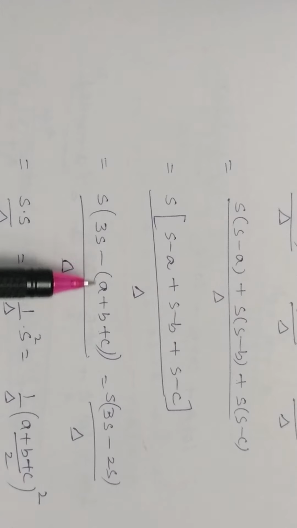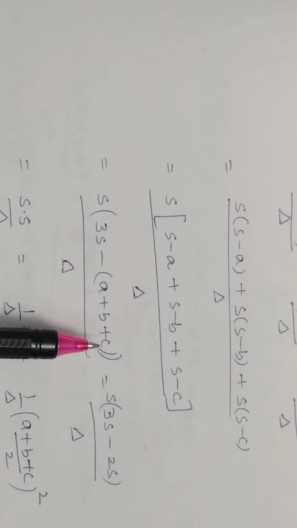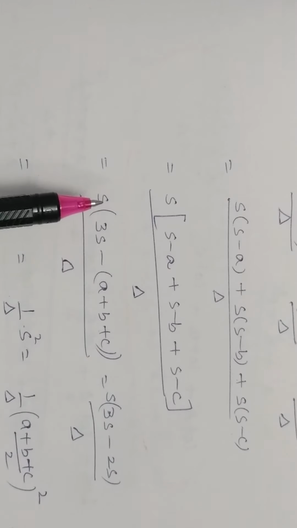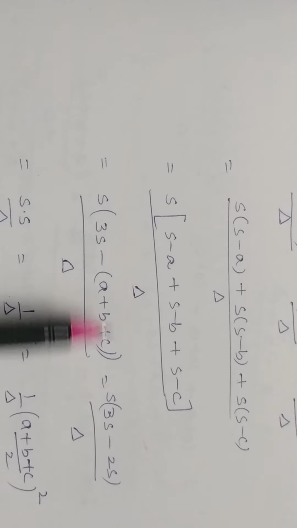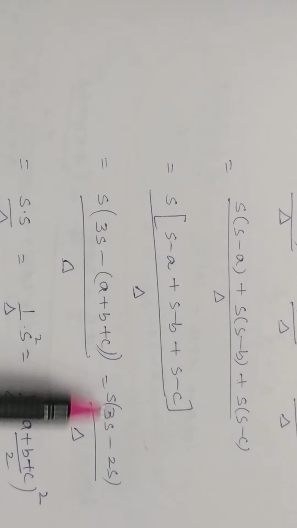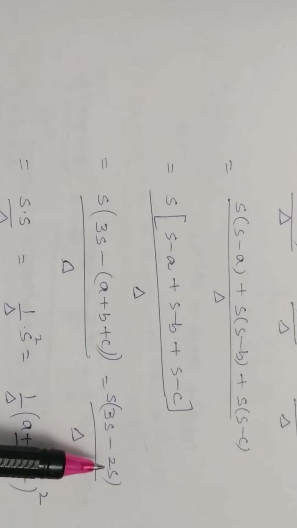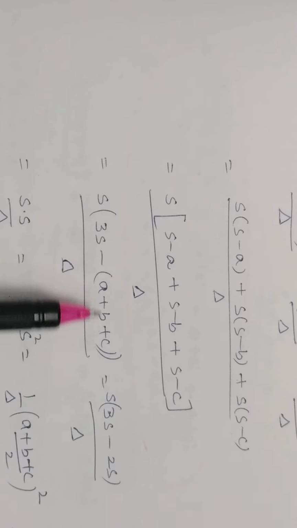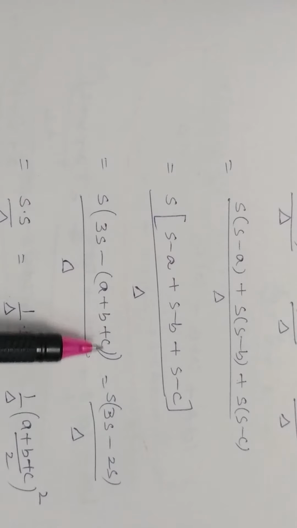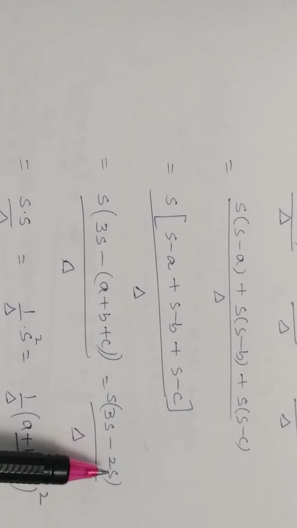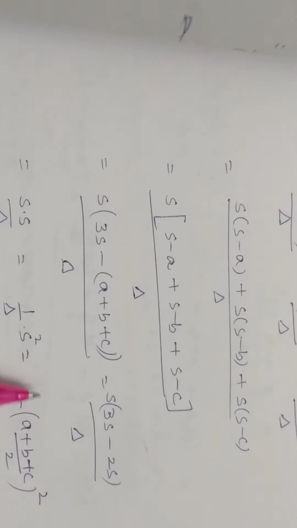So minus of (A + B + C). So S into (3S − (A + B + C)). We know that A + B + C is equal to 2S, so in the place of A + B + C, I shall write 2S. So (3S − 2S)/Δ.